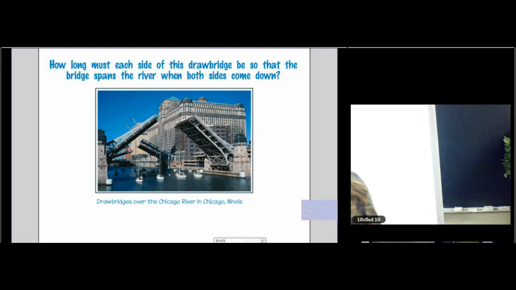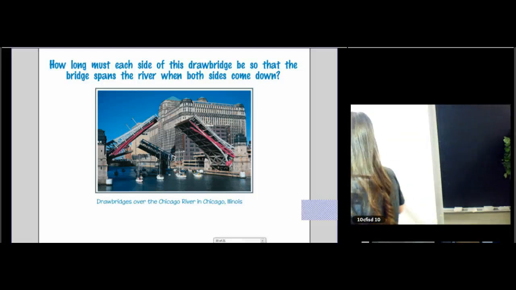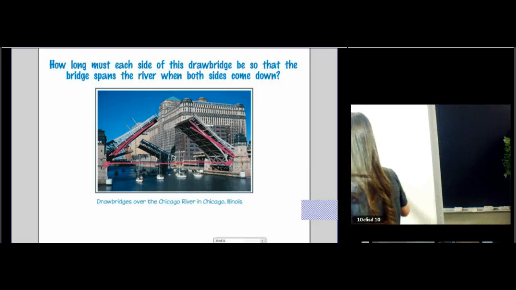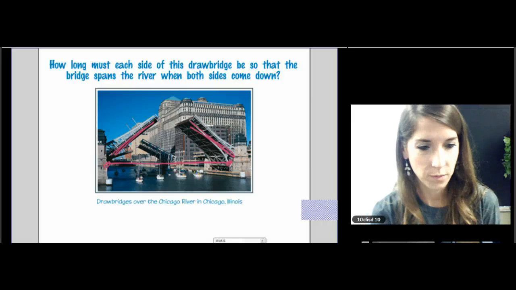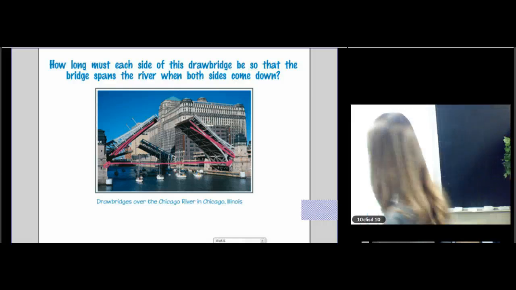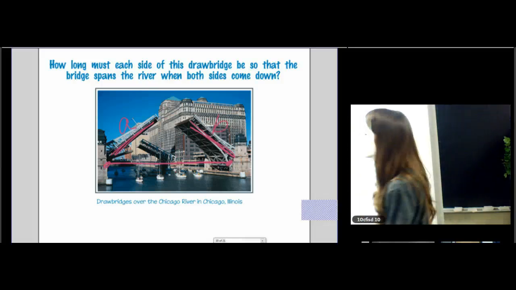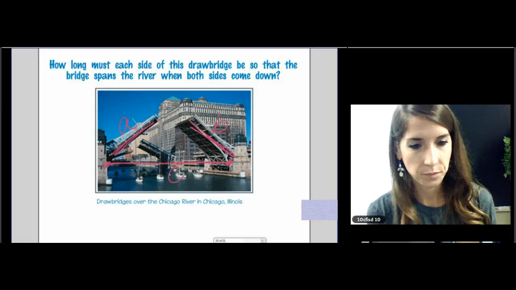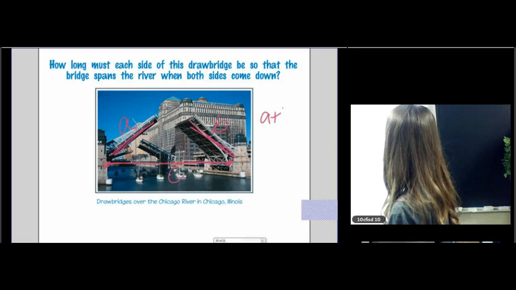What needs to be true about the length of this compared to the distance between the base of the bridges? So if I call this A, and this B, and this C, what would need to be true? Right. A plus B would need to equal C.